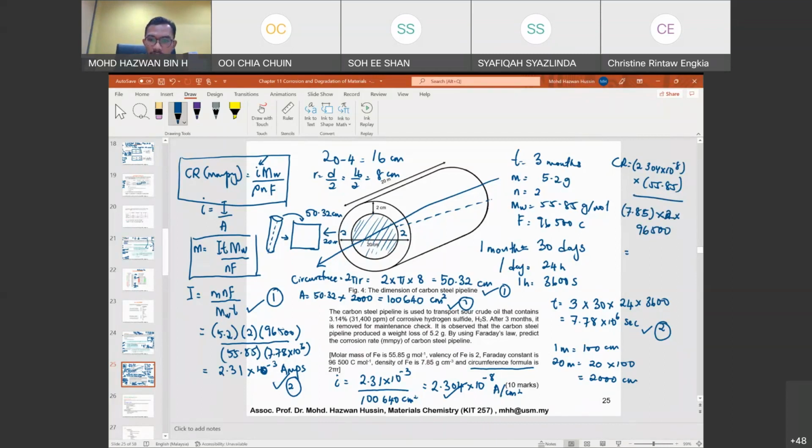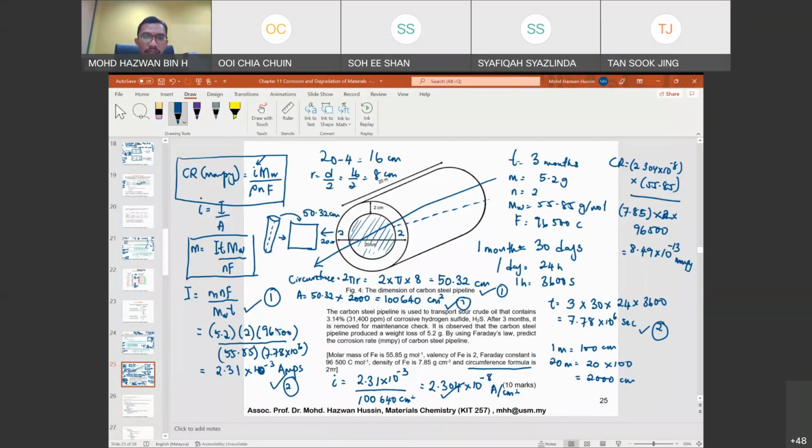So for the final answer, I want Tan Sok Jing to calculate. Sok Jing? Yes, Doctor. Okay, so you get the answer? 8.49 times 10 power of minus 13 MMPY.